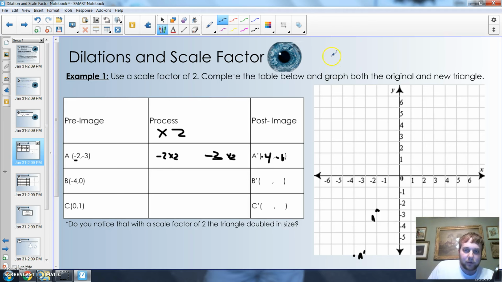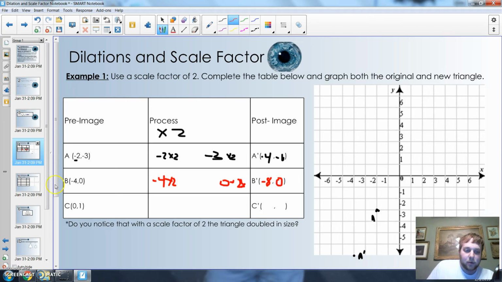Next, let's do this in red here. I'm going to take negative 4 times 2, that's going to be negative 8, I believe. This might go off the graph slightly. And then I'm going to take 0 and multiply 0 by 2. 0 times 2 is still 0.